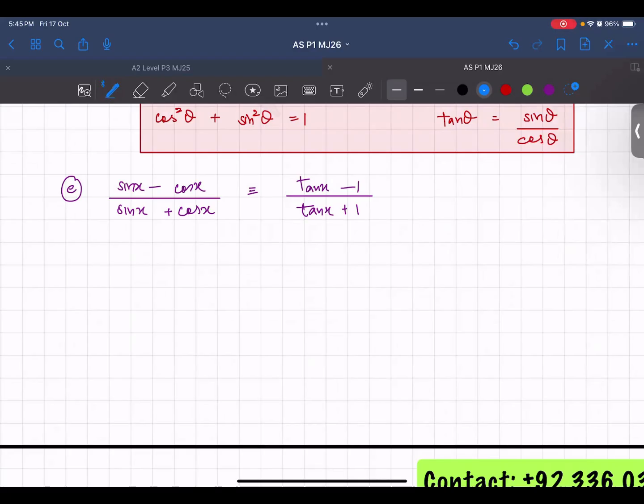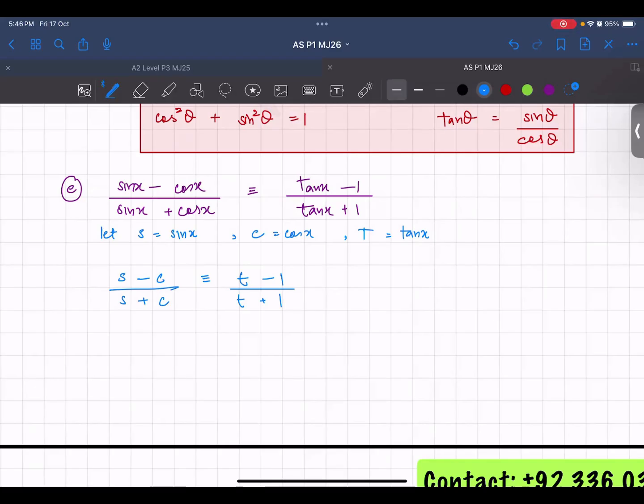First of all, I would start by letting S equal sin x, C equal cos x, and T equal tan x. Now I can replace everything with S, C, and T. Look, it's much more concise, easier to write, easier to understand as well.